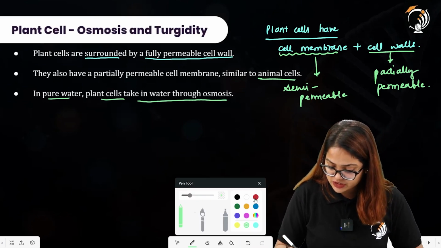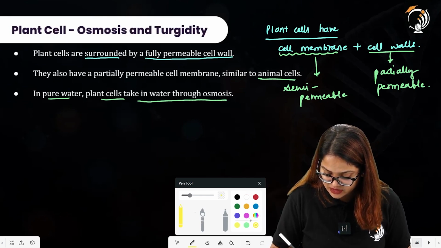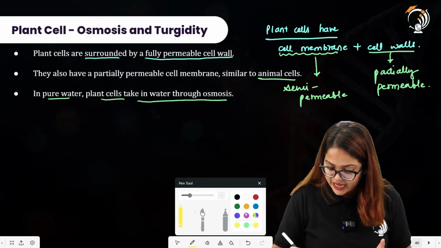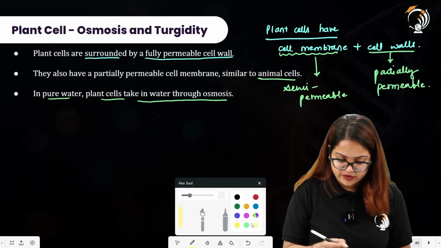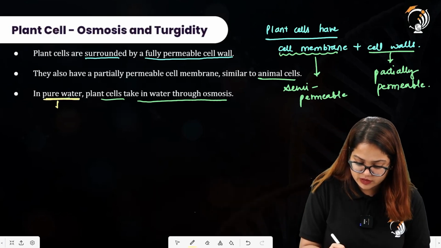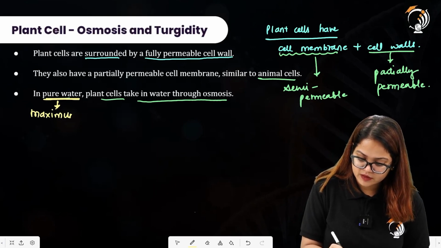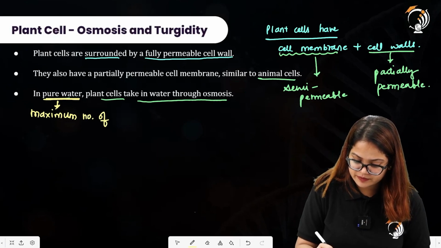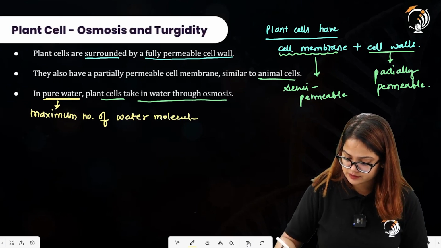Now, when we talk about pure water, we are certainly assuming that it has a high concentration of water molecules in it basically. Alright. So, in pure water, the maximum number of water molecules are present.